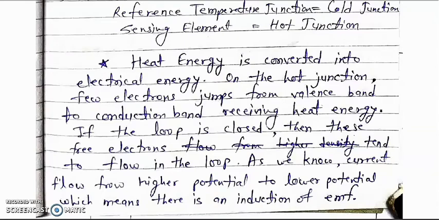So if the two ends of the reference terminals are made open and a voltmeter is connected as I have earlier explained, then definitely you will receive a voltage of microvolts or a very low value of millivolts. And this effect is known as the Seebeck effect.